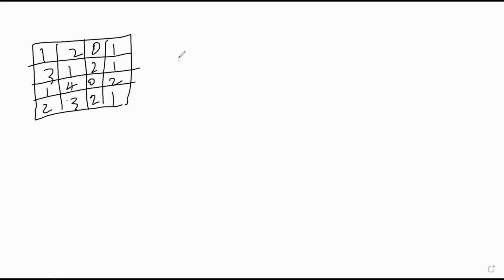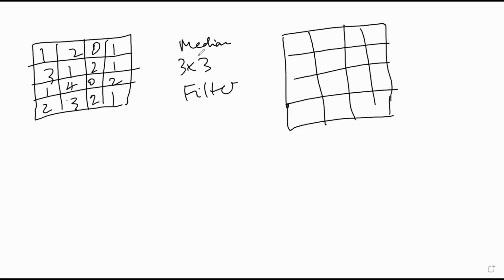And we want to apply a 3x3 median filter. How would it work? Since it's a 3x3 matrix, on our original image we map out a 3x3 window, and we list our values here.